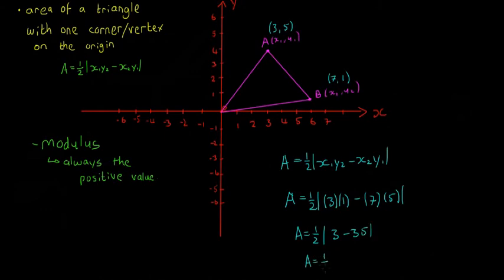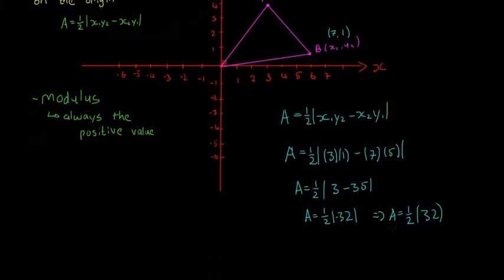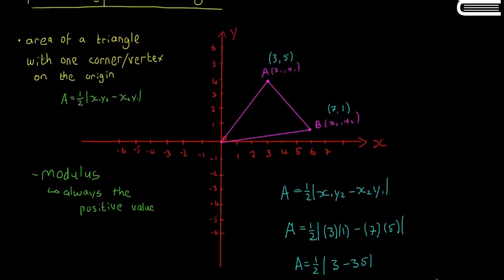A is equal to half the modulus of minus 32, which is just the same thing as A is equal to half times plus 32. So that's what the modulus does, then it's just in brackets. And our final answer then, A is going to be equal to 16 units squared.